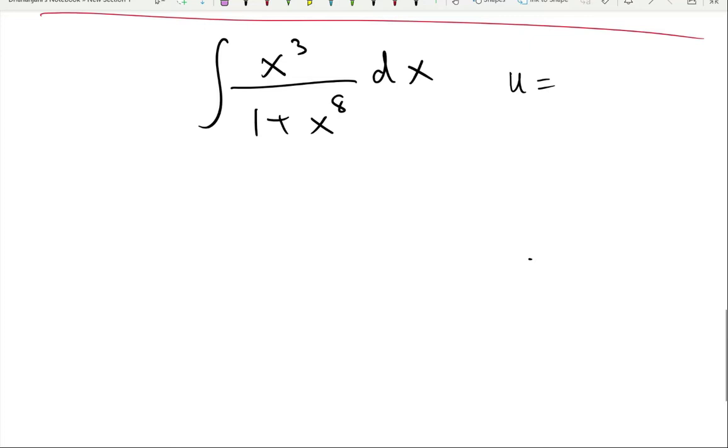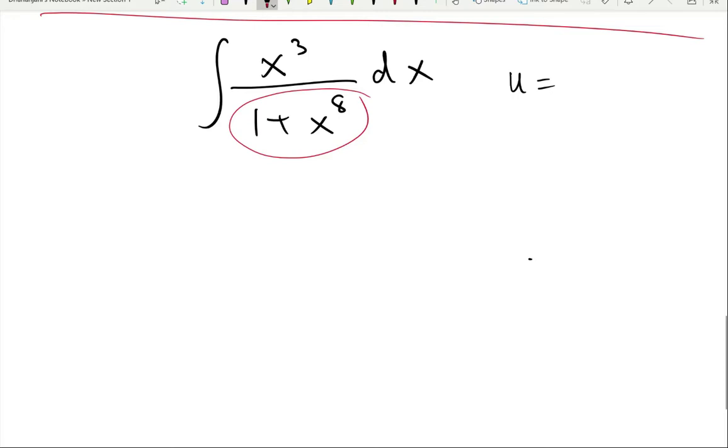What can I choose for u? Here's the smart thing we can do. Let's decide our u is coming from somewhere here. When you choose that u, what I really want to happen is to cancel out that x cubed, right? Then we have no problems.